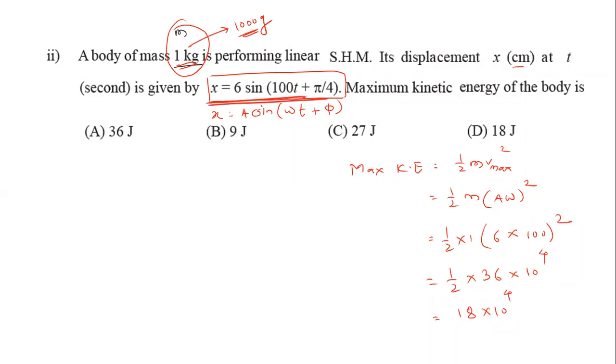This x is already in CGS. So here we substitute 1000, which is 10 raised to 3. So here we get 18 into 10 raised to 7. This is in erg because we use everything in CGS. You know that 1 joule is 10 raised to 7 erg. So here 10 raised to 7 erg means the joule. So the answer we get is 18 joule.